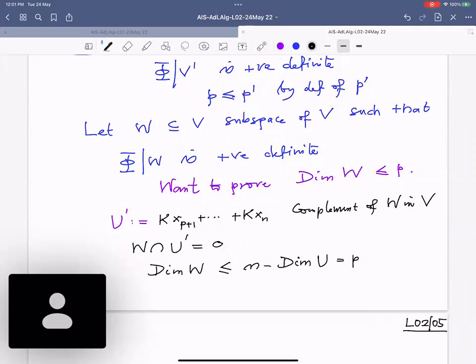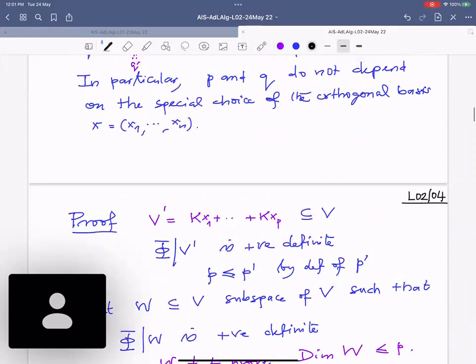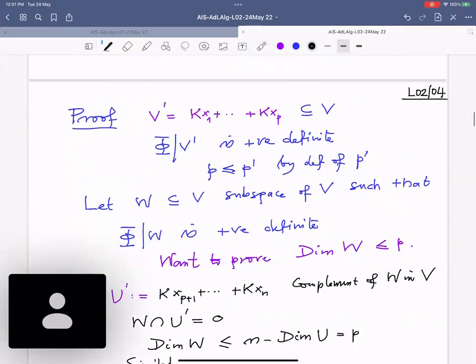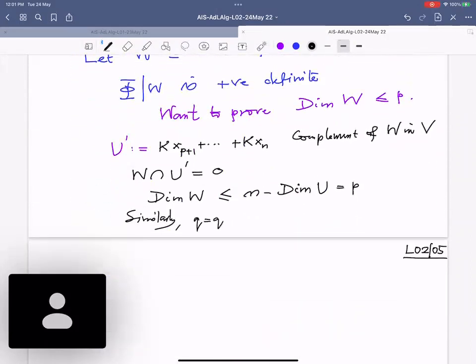And similarly, we prove the other inequality, that Q is equal to Q prime.